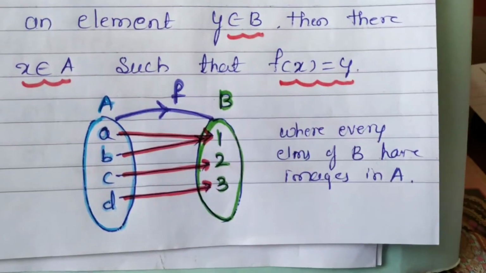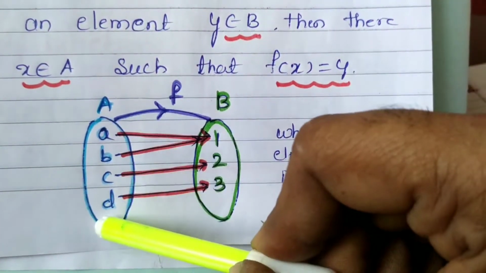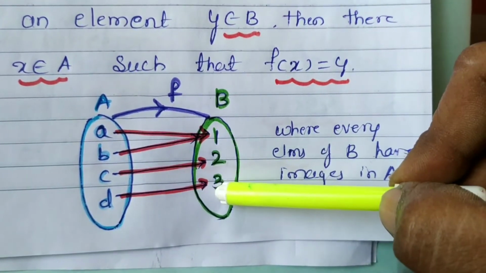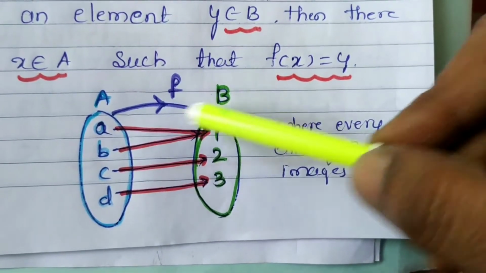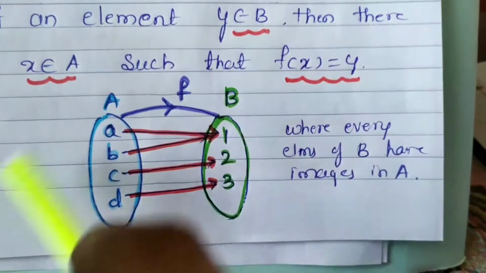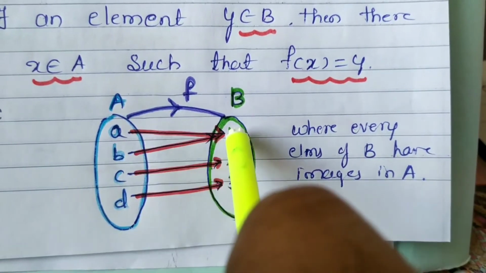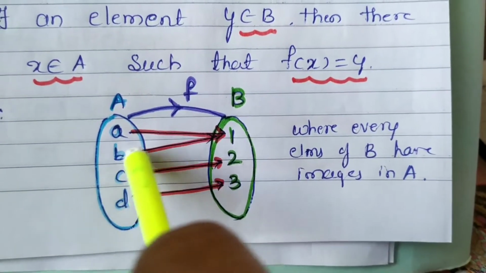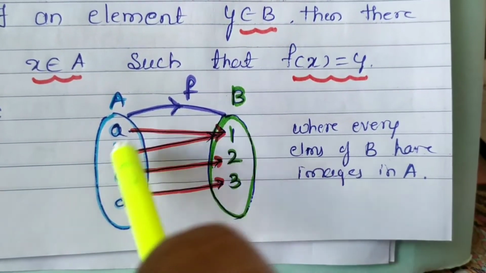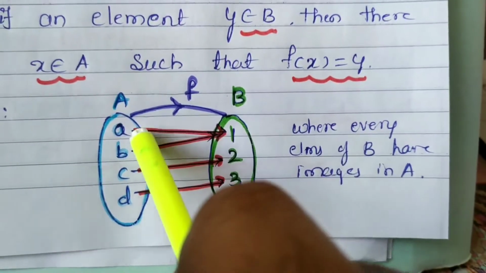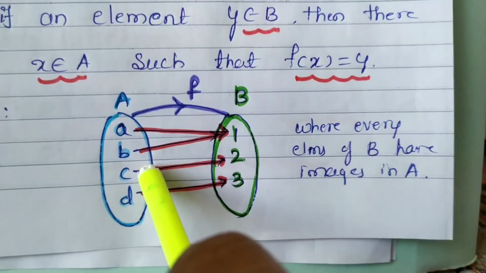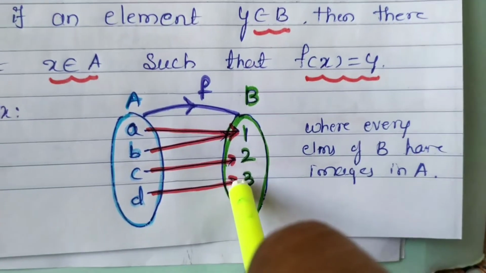For that, consider this example, where set A contains the elements a, b, c, d and set B contains the elements 1, 2, 3. So f from A to B is defined like this: f of a and f of b is 1, meaning a and b are associated with 1, or the pre-image of 1 is a and b, the pre-image of 2 is c, the pre-image of 3 is d.